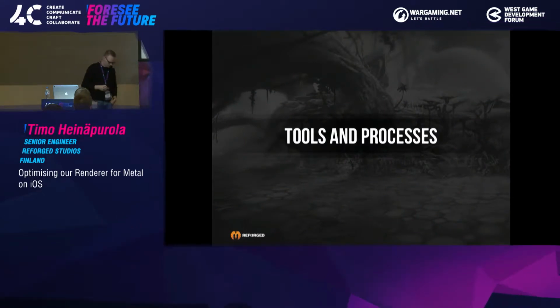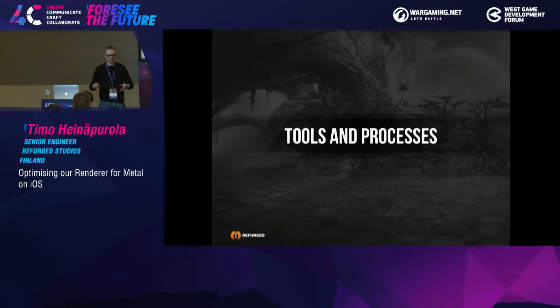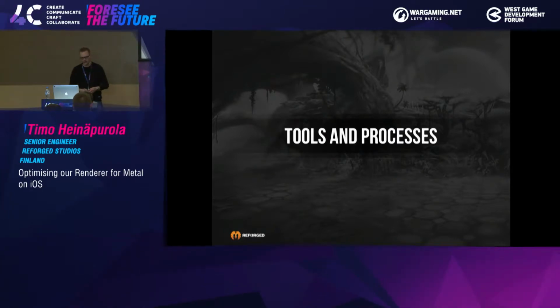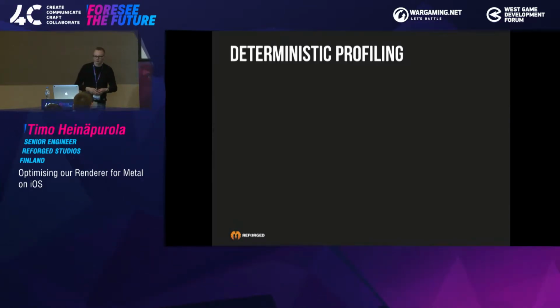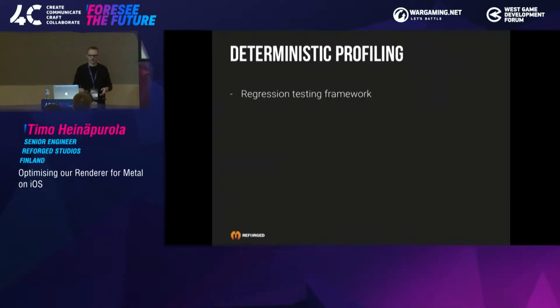So speaking of tools, I'm going to be now going through a couple of tools that we have used, some of the tools that have existed for a while, and some of the tools that we have built in-house as well for optimizing our engine. First of all, something we built in-house, which is deterministic profiling. So we have a regression testing system that allows us to spawn individual events at specific times or ticks.